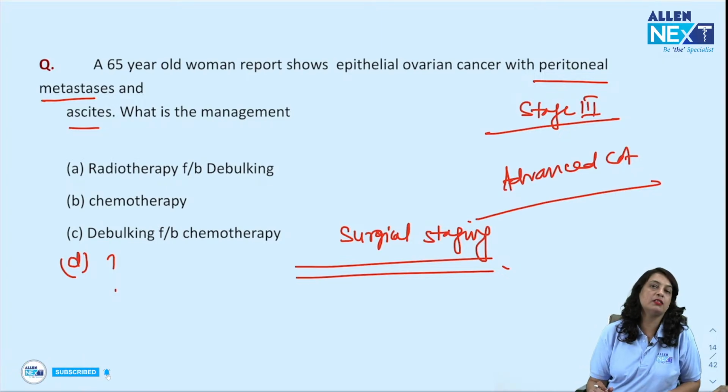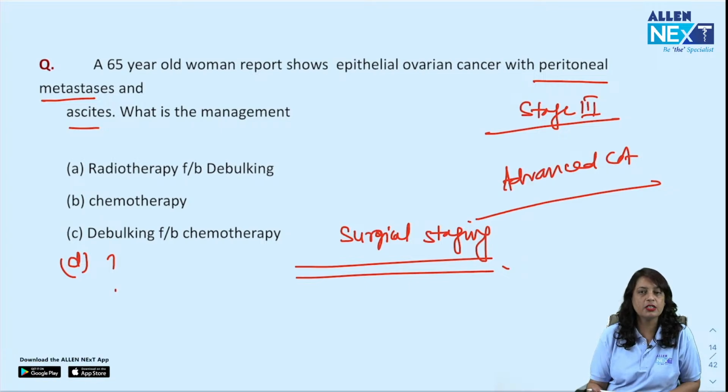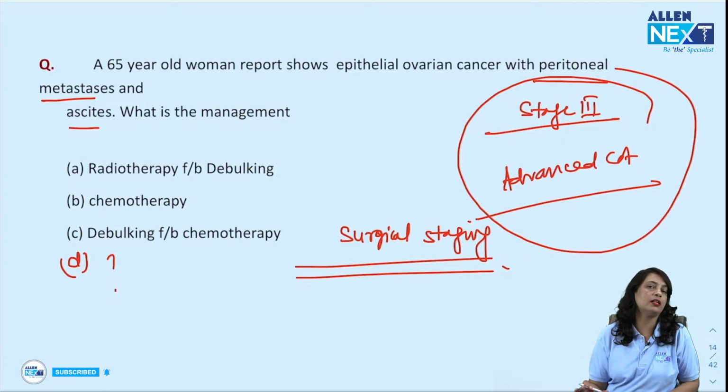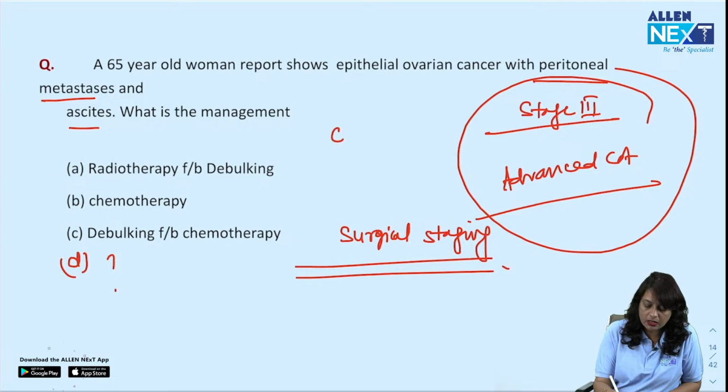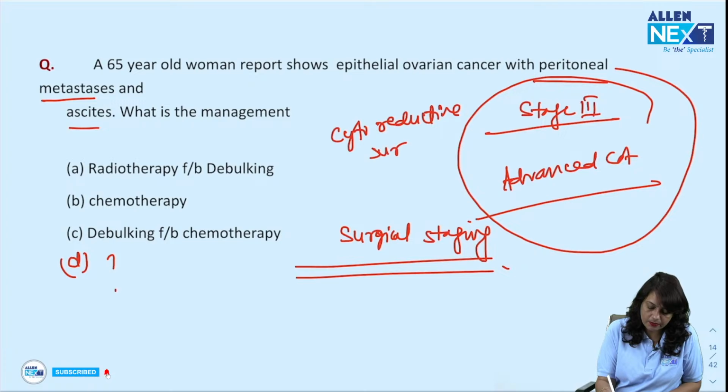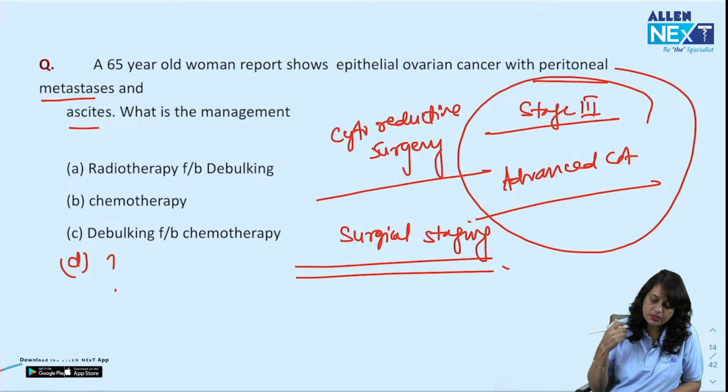Now, in advanced cancers, apart from doing surgical staging, taking the biopsies, doing total abdominal hysterectomy with bilateral salpingo-oophorectomy, with pelvic lymph node removal and para-aortic lymph node removal, in addition, we have to go for omentectomy, hemicolectomies, etc. But when we talk about the advanced cancers, that is debulking surgery or cytoreductive surgery. Another name for debulking surgery is cytoreductive surgery.